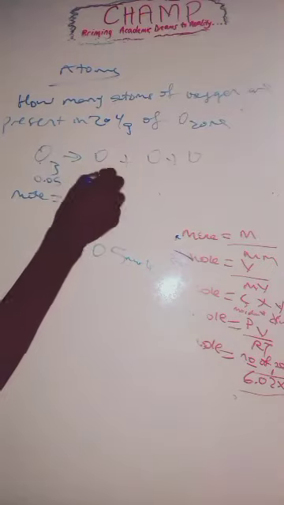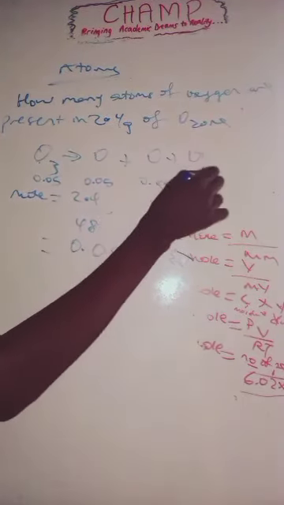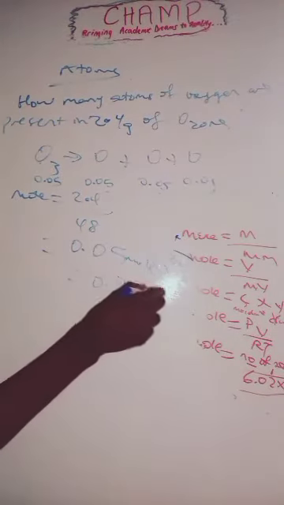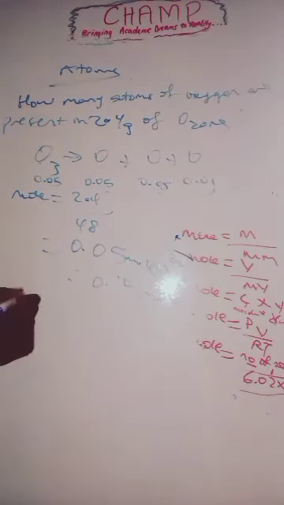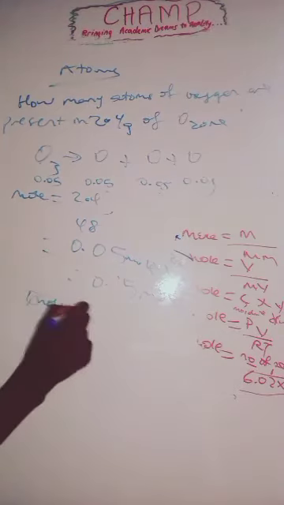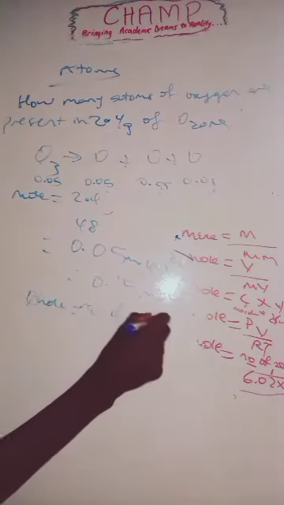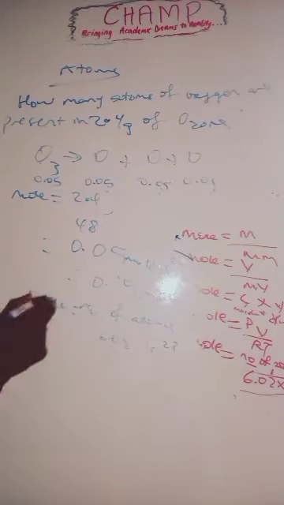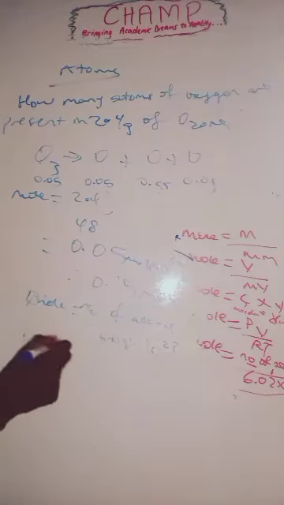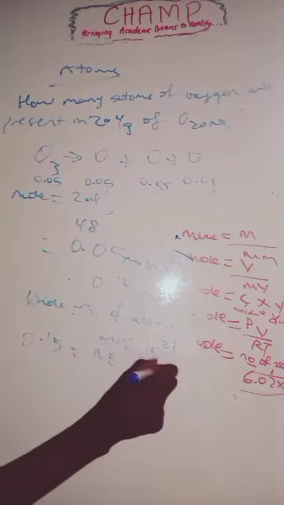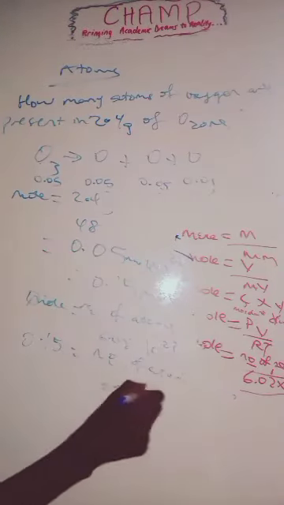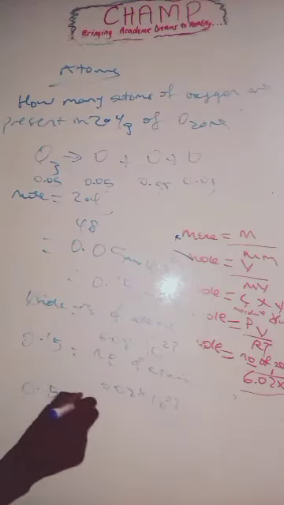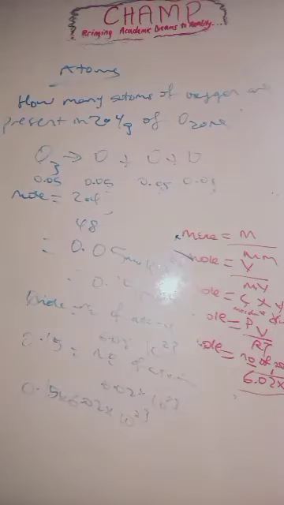Now you have three oxygen atoms. This is 0.05, this is 0.05, 0.05. Add it up, when you multiply this one by 3, you get what? 0.15 mole. So this is what you will use in your formula, which is mole is equals to number of atoms over 6.02 times 10 to the power 23. What's your mole? 0.15 is equals to number of atoms over 6.02 times 10 to the power 23. You cross multiply 0.15 times 6.02 times 10 to the power 23.